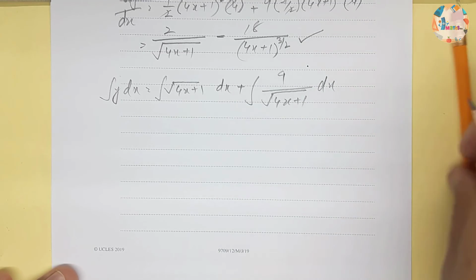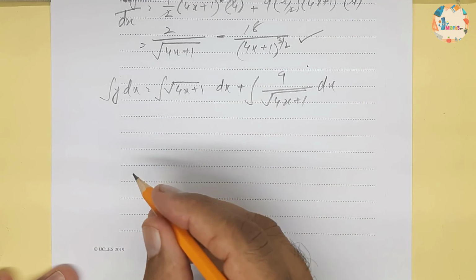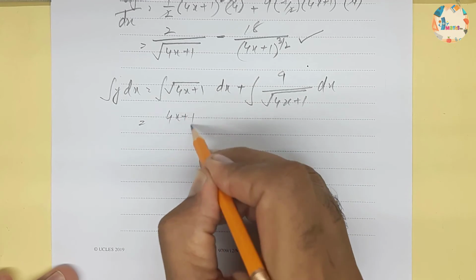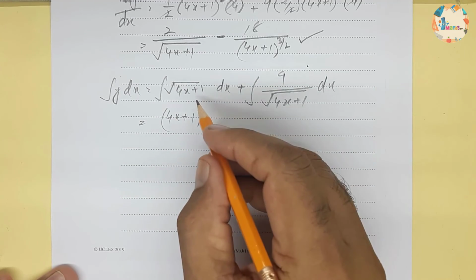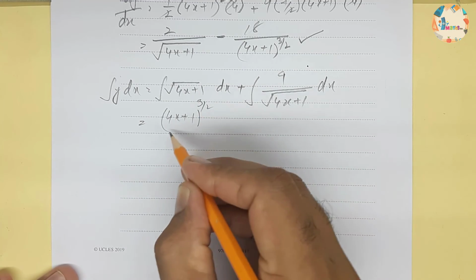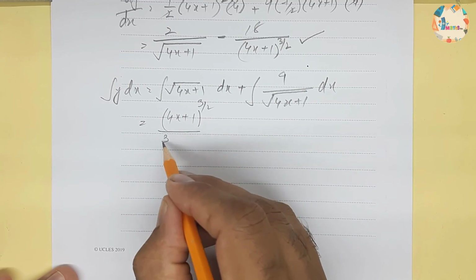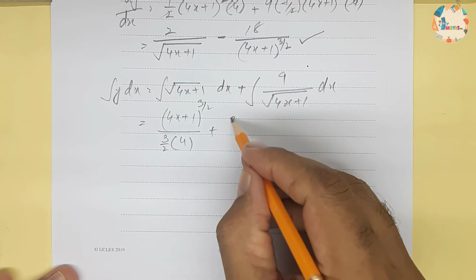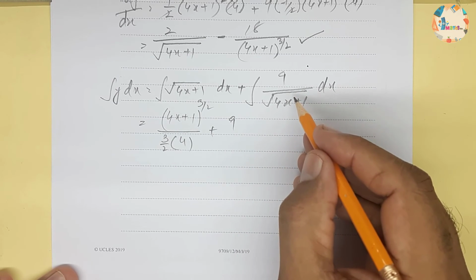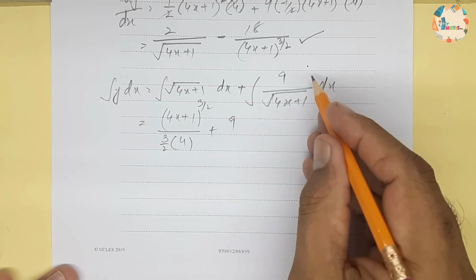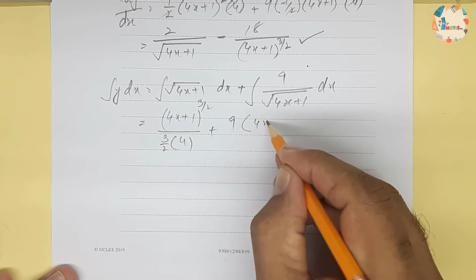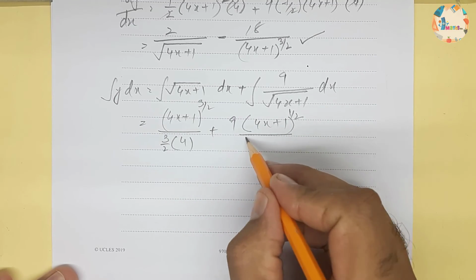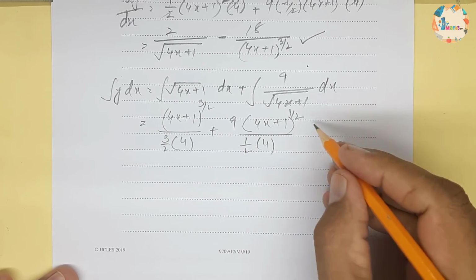Now we can integrate. This one will be 4x plus 1 raised to power 1 by 2 plus 1, which will be 3 by 2, and the derivative and power we can write over here, so 3 by 2 into 4, and plus similarly this one will be 9, and this will be 4x plus 1 raised to the power minus 1 by 2, and we'll add 1, so it will be 4x plus 1 raised to power 1 by 2 and divided by the power and the derivative, which is 4, and plus c.